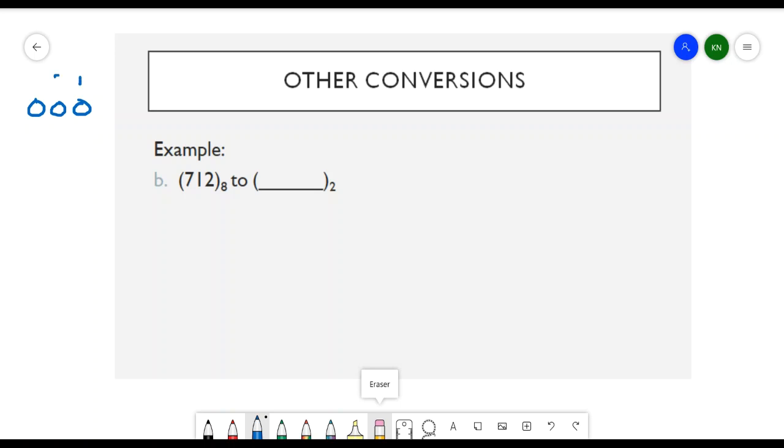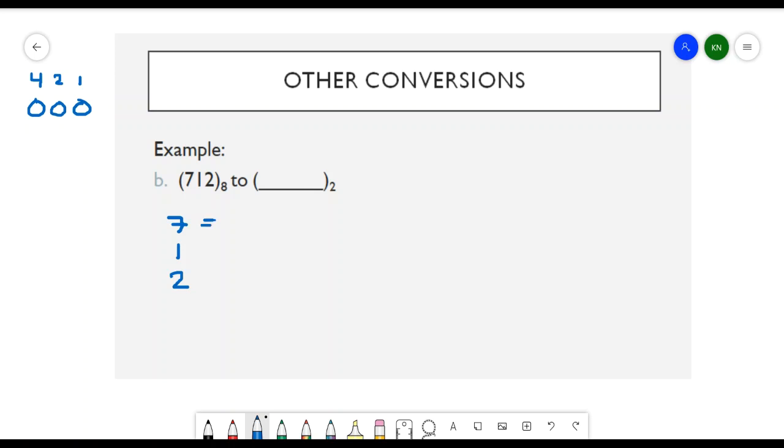That's 1, 2, and 4. Because if you add 4 plus 2 plus 1, that is 7. And octal is just from 0 to 7, right? So that is the representation in order for us to get the value of the binary. So we have 7, 1, and 2.